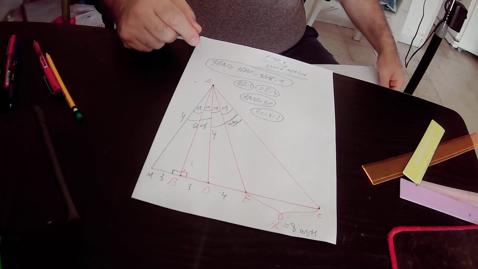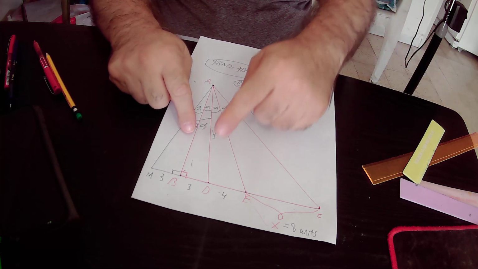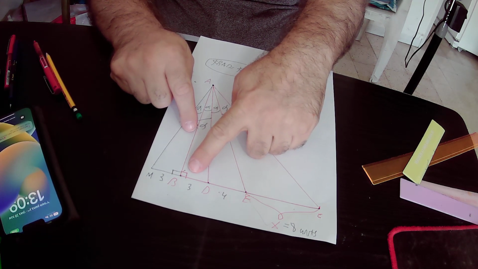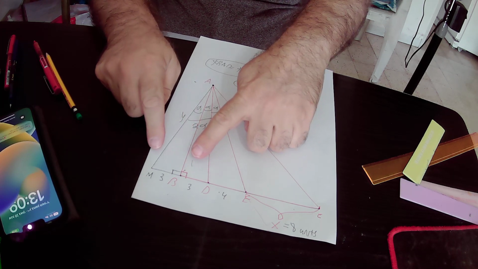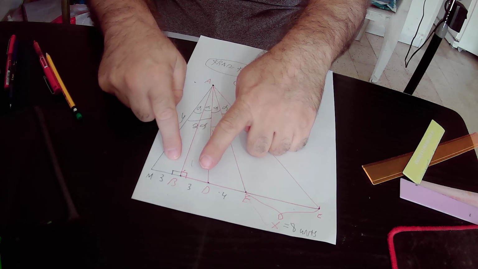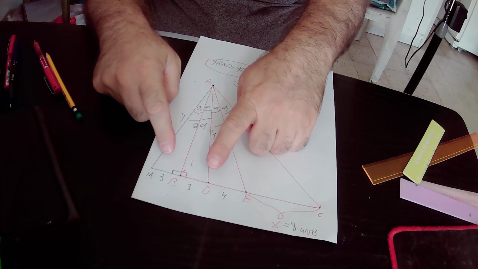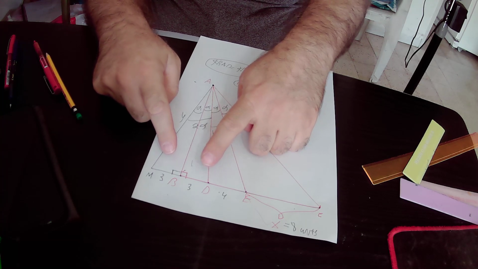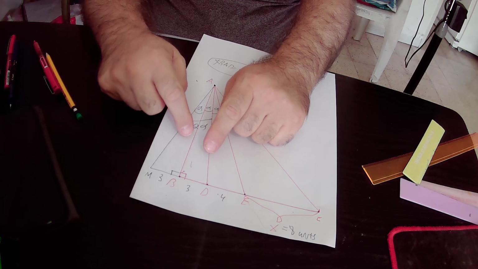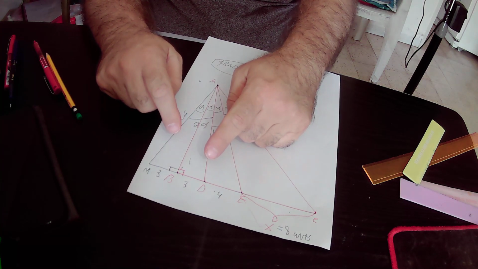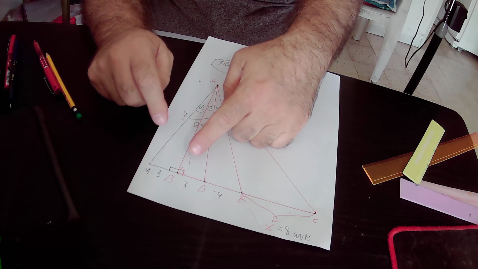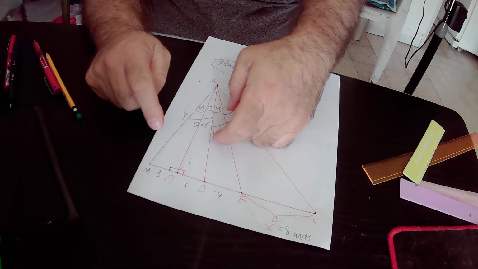And we actually proved that side AB, side BD and the angle between them in triangle ABD are equal to side AB, side BM and the angle between them in triangle ABM.